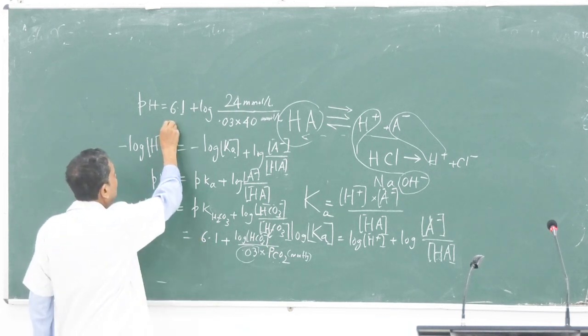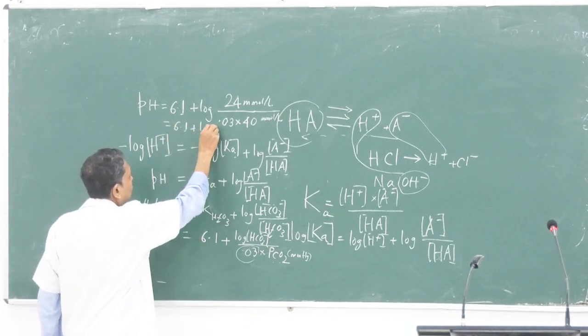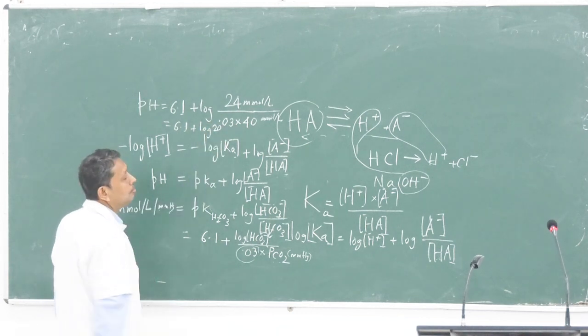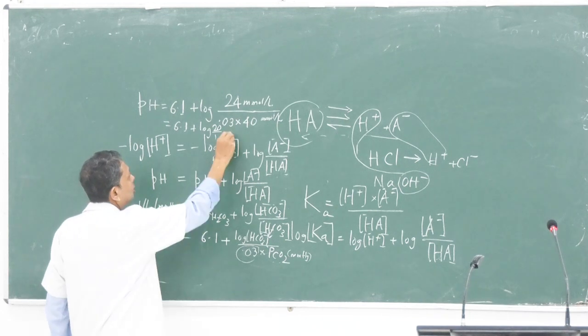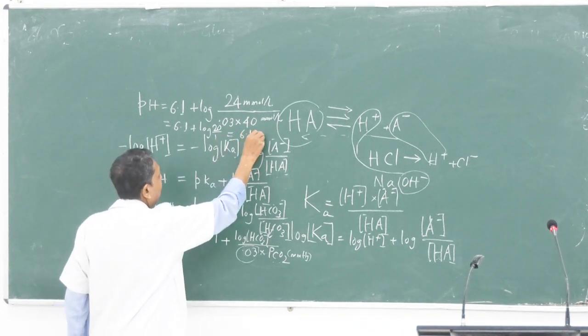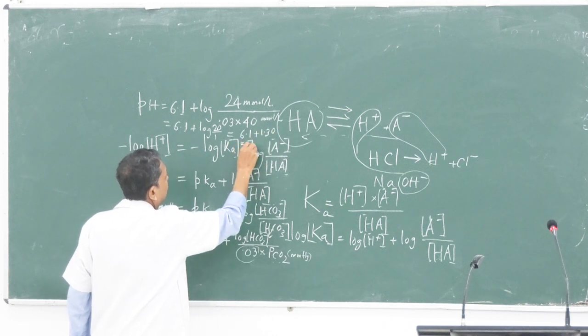So it will be 6.1 plus log 20 by 1. So it is 6.1 plus 1.30, which is 7.4.